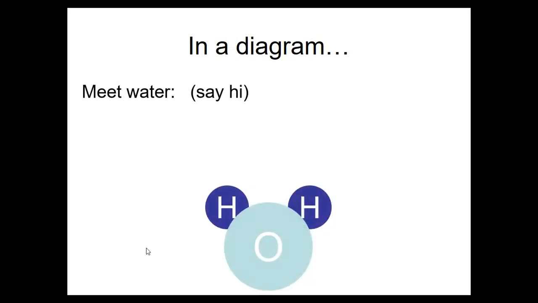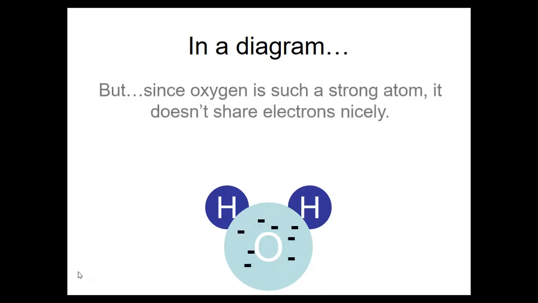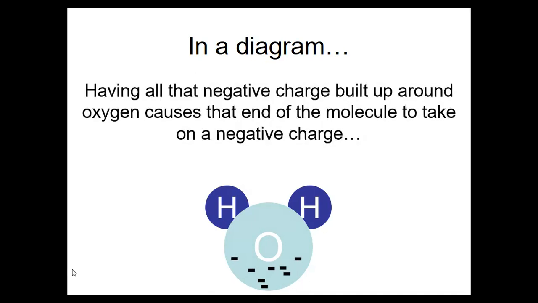So here we have water, just to show you what happens. Water has hydrogens and the oxygen. That makes it a polar molecule because the hydrogen-oxygen arrangement is very asymmetrical, and we have a partially negative end close to the oxygen and a partially positive end close to the hydrogen.